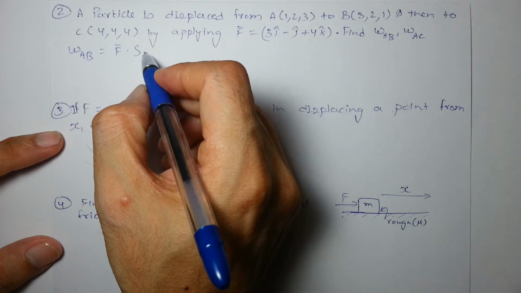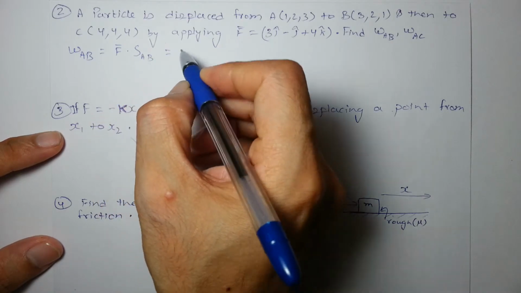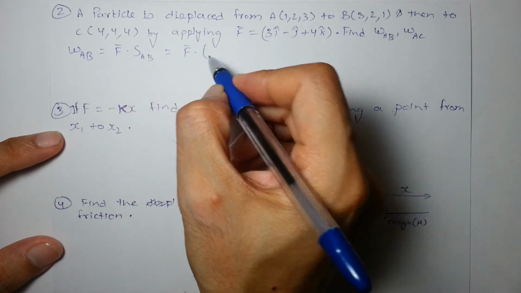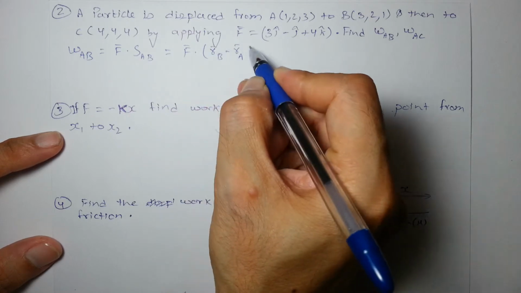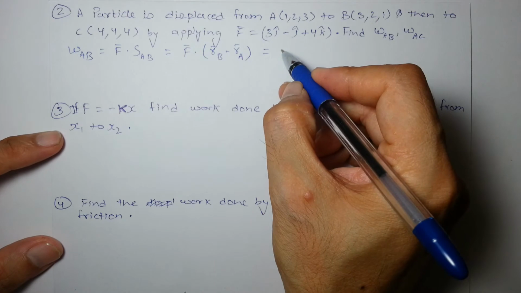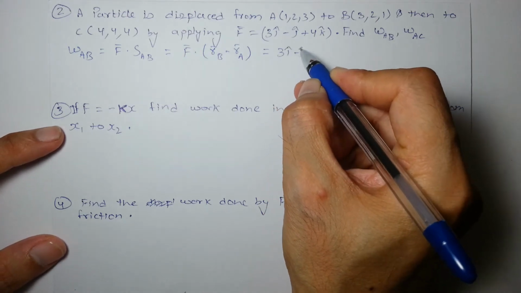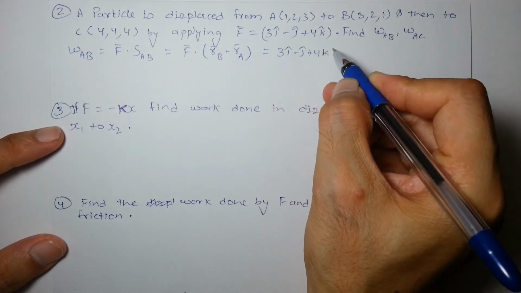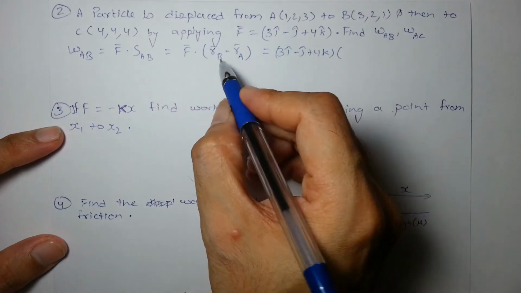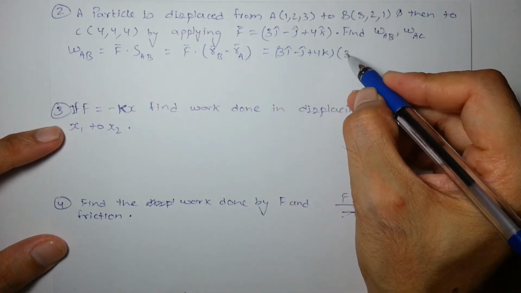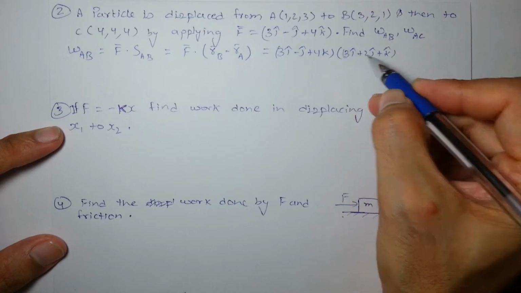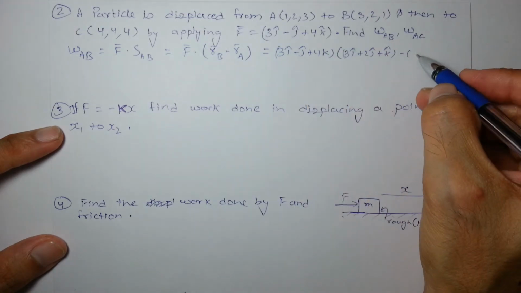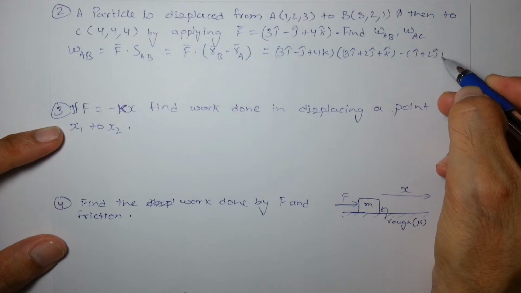Displacement A to B is nothing but F dot final position, which is position of B minus position of A. The force is 3i minus j plus 4k and rB, which is 3i plus 2j plus k, minus rA, which is i plus 2j plus 3k.